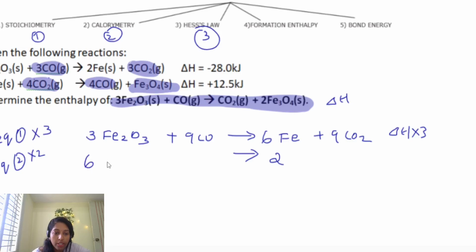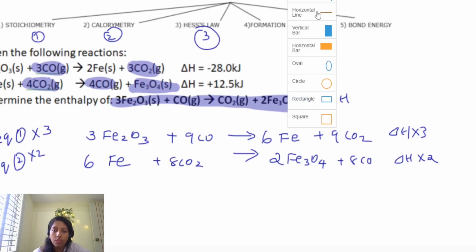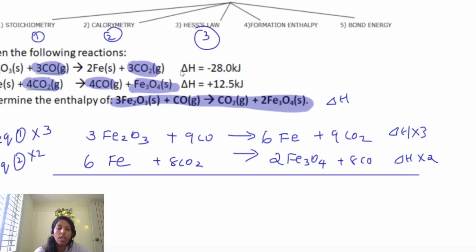So that will bring 6 Fe plus 8 CO2 gives 2 Fe3O4 plus 8 CO. Okay, so delta H is also multiplied by 2. So if you reverse the reaction, delta H is also reversed. If you add the reactions, delta H is also added.